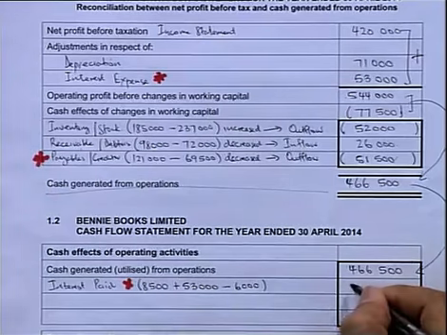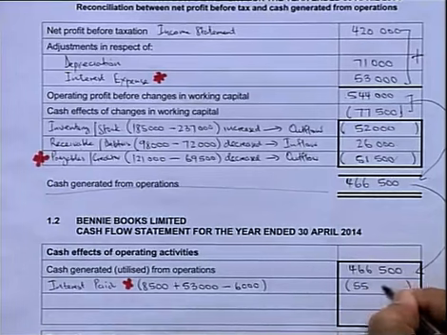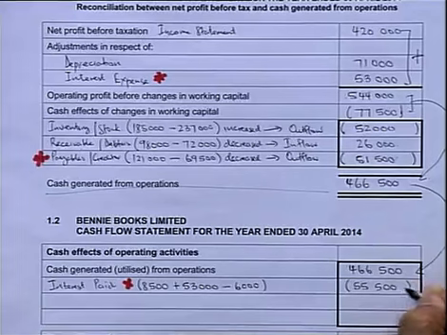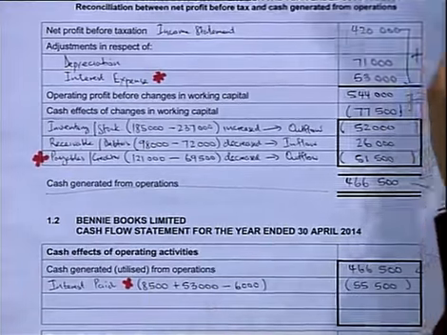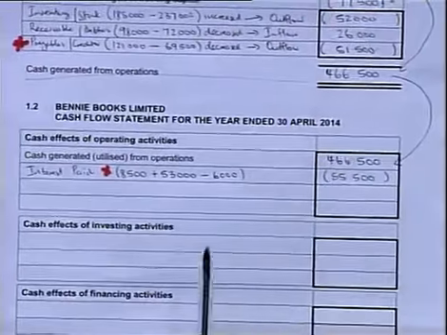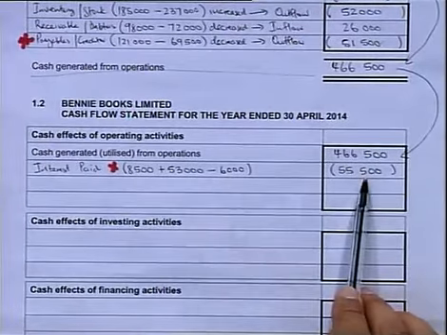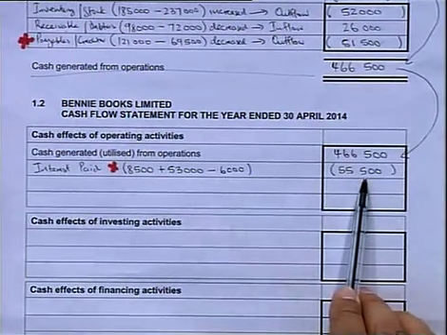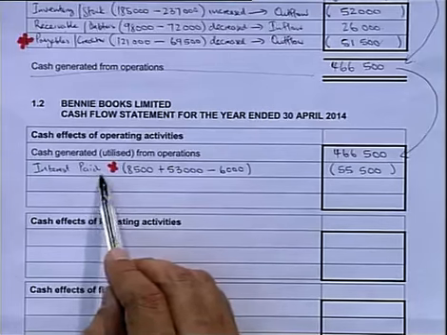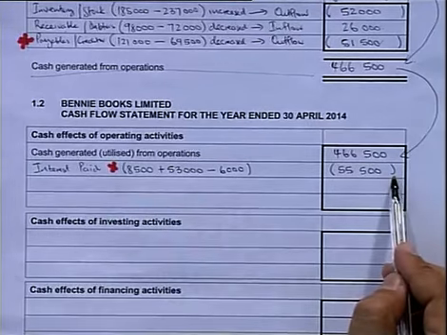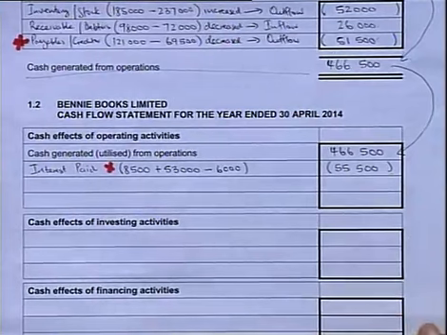That will give me 55,500. I put them in brackets because if I'm paying, it will be seen as a cash outflow.